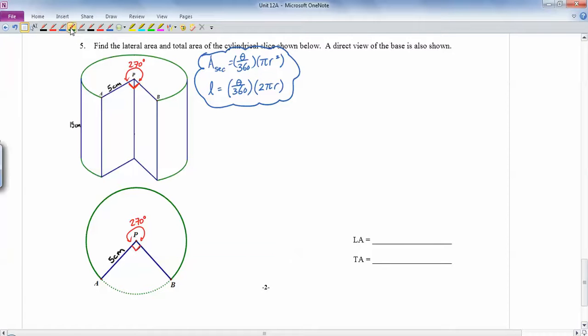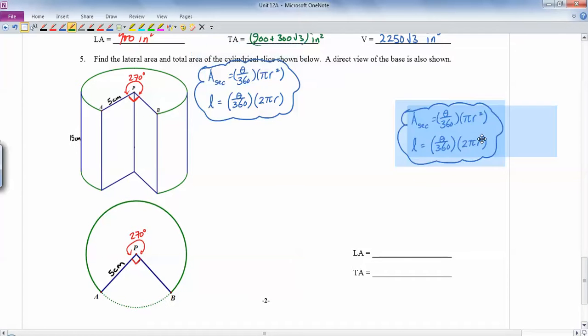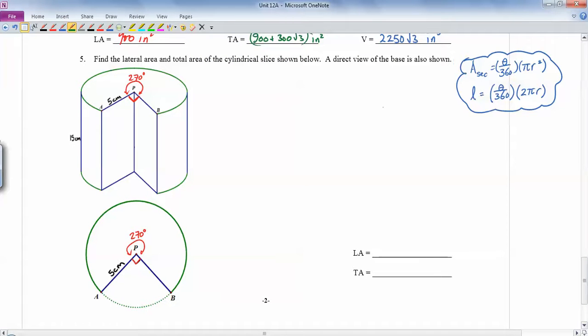Lateral area. So lateral area is area of the sides. Okay, well, two of these areas shouldn't be too bad. That's this rectangle right here and this rectangle right there.